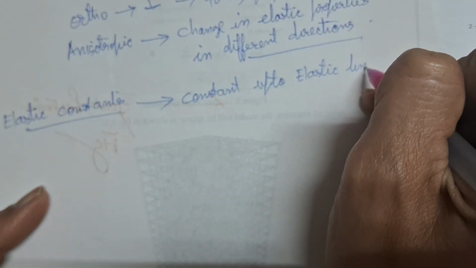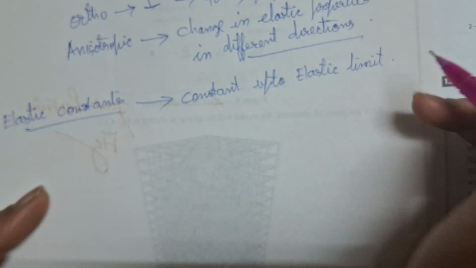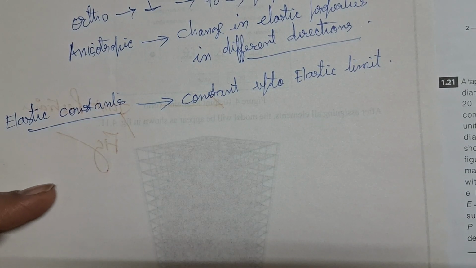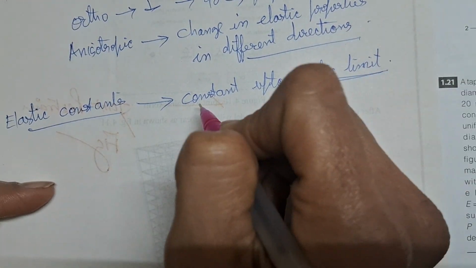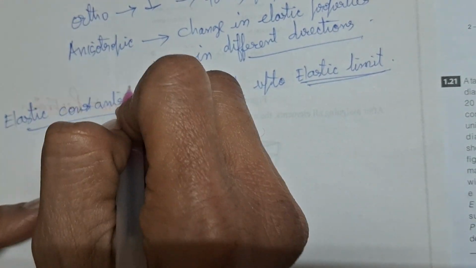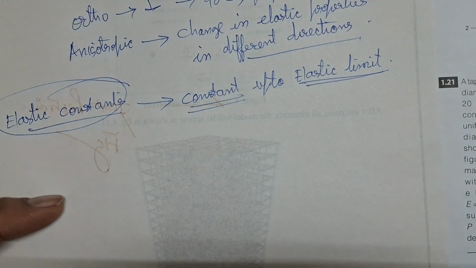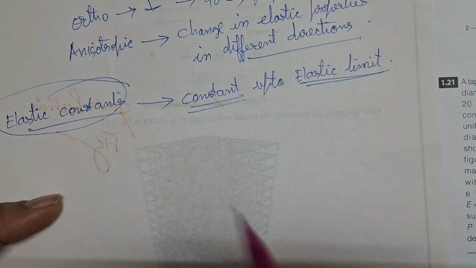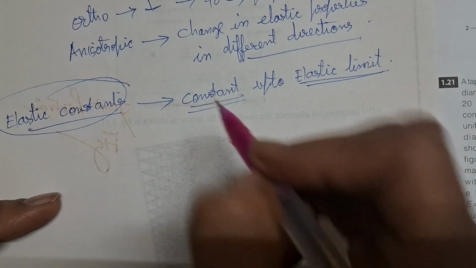We know the stress strain diagram, stress strain curve. Up to the elastic point, whatever is constant is known as elastic constants. But this cannot be termed a definition, it is a very raw form to explain.